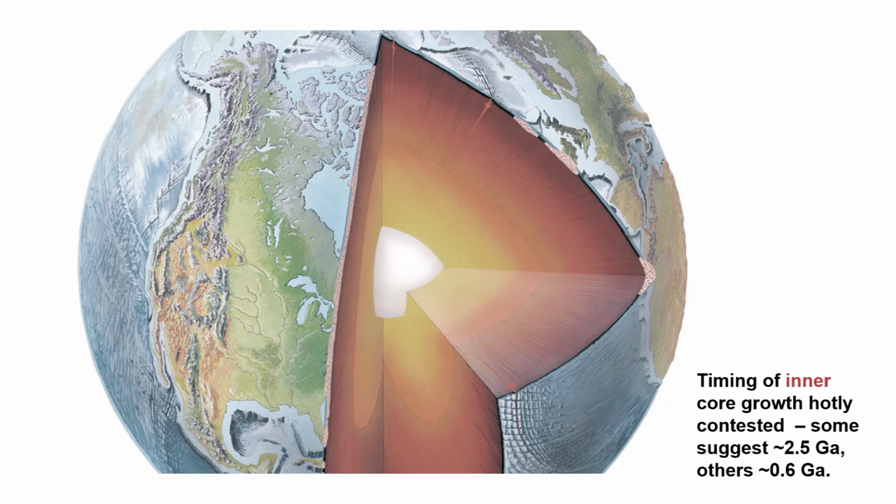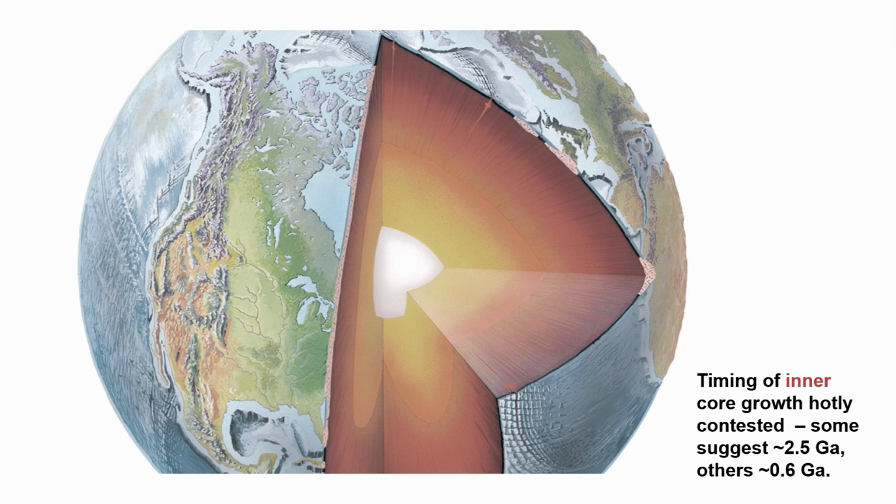Based on that, we end up with a system where we have core segregation quite early in Earth history. I just thought it was worth noting that a few papers have come out recently that have said that the inner core formation occurred potentially much later in Earth history, as young as maybe 600 million years ago.